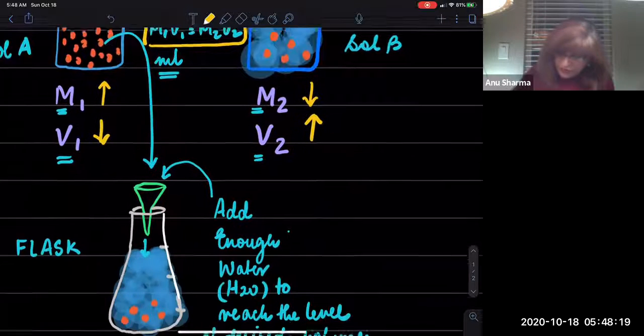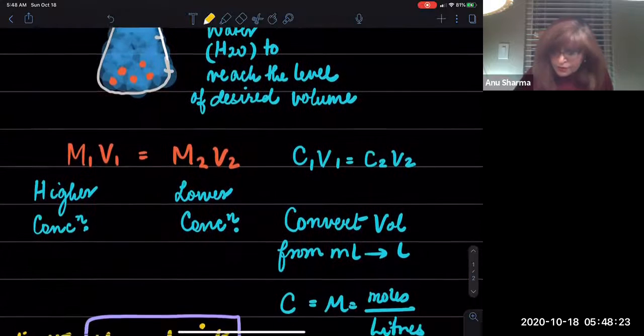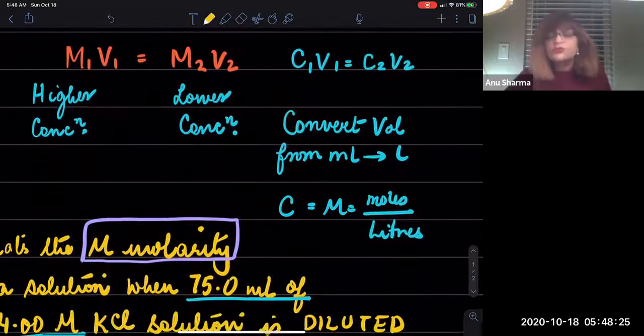Now here's another thing. Ideally, we should convert the volume to liters. But if the volume is in milliliters on both sides of the equation, then that's fine. But ideally, you should convert it into liters. So we have these two types of formulas.